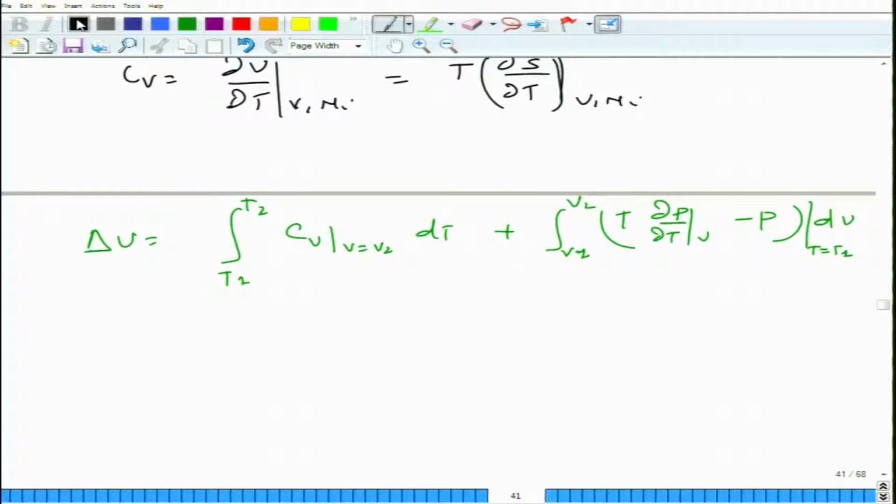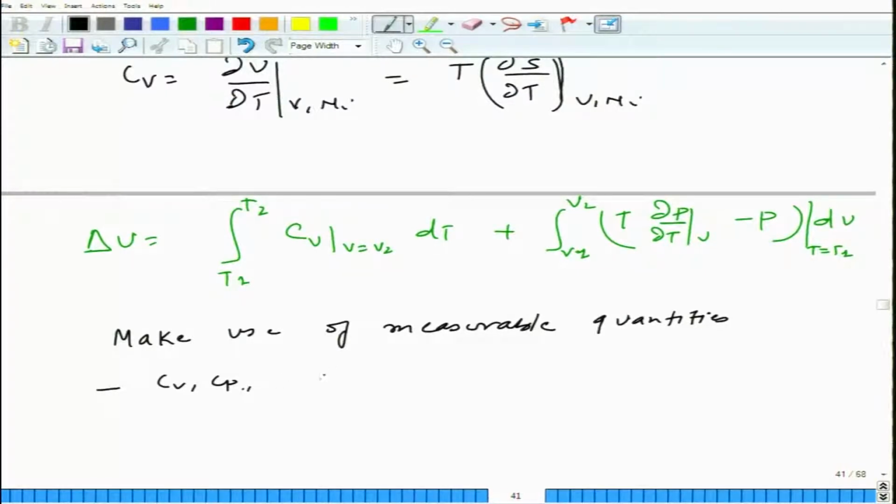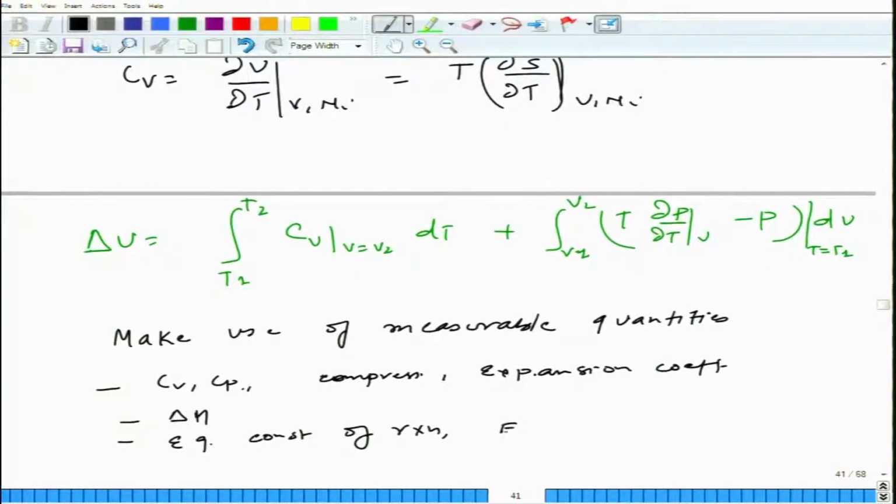Remember that what we are interested in, in this whole exercise, is to make use of measurable quantities such as Cv, Cp, and we are going to define compressibility, expansion coefficient, delta H changes in enthalpy, because you can use calorimetry to get delta H. Then you can also use the equilibrium constant of a reaction, which is also easy to find, EMF of cells, vapor pressure, solubility.